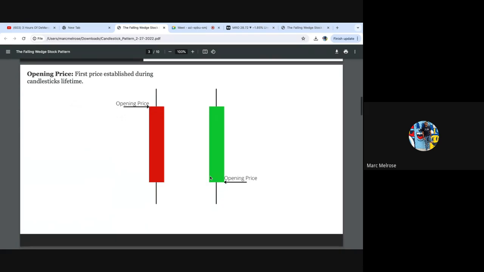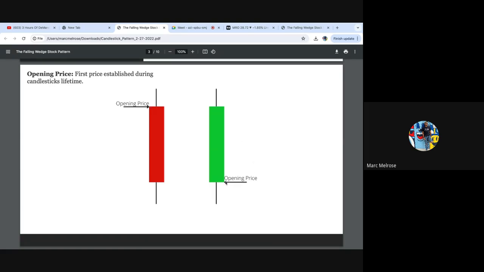So each candlestick has an opening price, and depending on if it's a red candlestick or a green candlestick, the opening price is going to change. So for red candlesticks, the opening price starts at the very top of the body of the candlestick. So it starts right up here. And for green candlesticks, the opening price is going to start at the bottom.